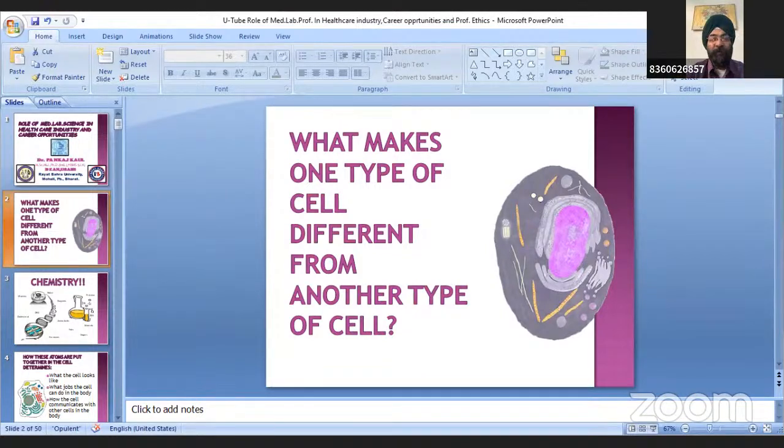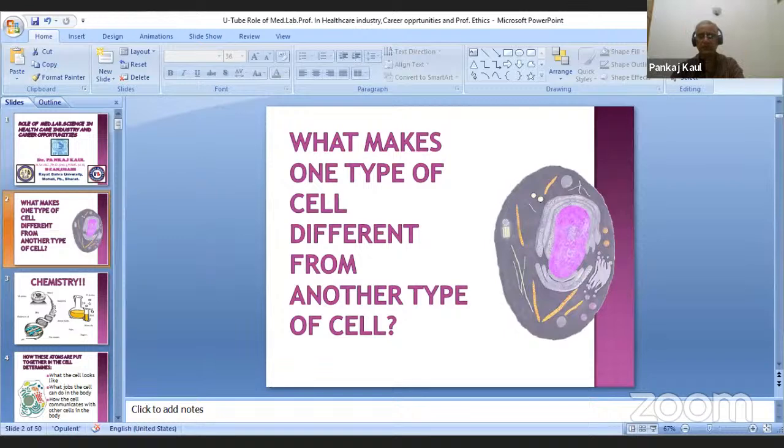Dr. Pankaj, are you moving your PPT or not? Yes, sir, I'm moving, but it is not moving on the screen. Please test once more.